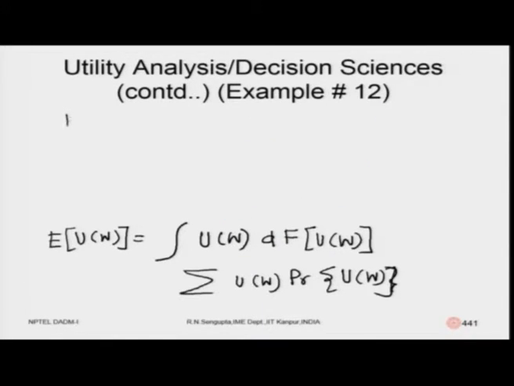In case the distribution of X or W is given, you can use Jacobian transformation to find out the utility function PDF, and the values which you find after the transformation are the ones you are going to use here. So, when the probability of the random variables W and X is given, you can find the corresponding PDF or PMF for UW and or UX.